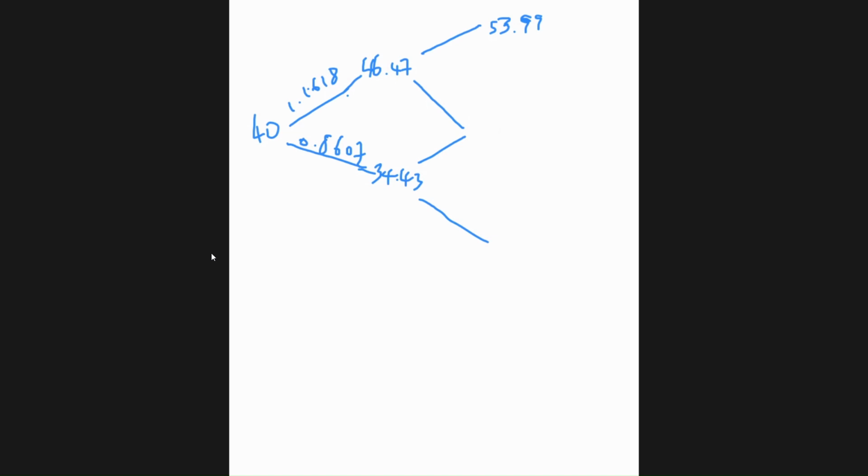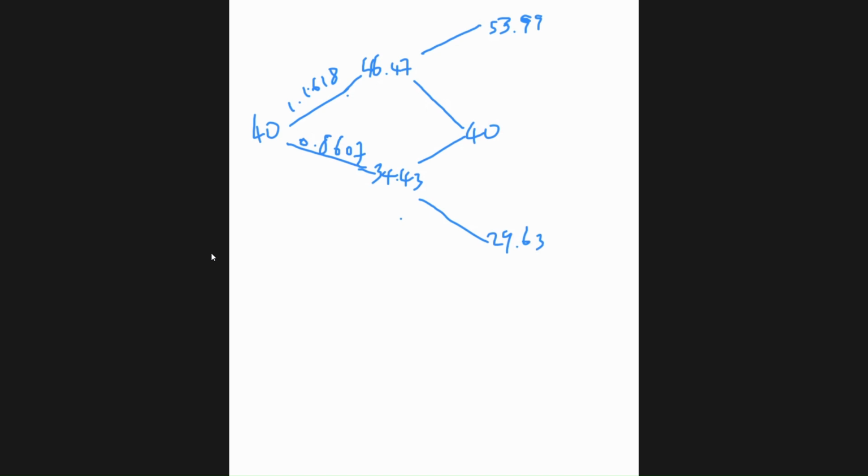Are you also getting 40 here to 2 decimals? Yes. So 46.47 coming down should give you the same value as 34.43 going up. I hope you get the same, because we are dealing with arbitrage free. This one we are getting 29.63.